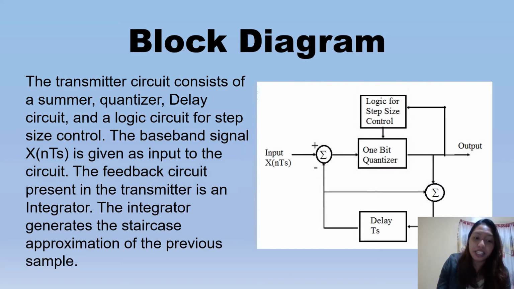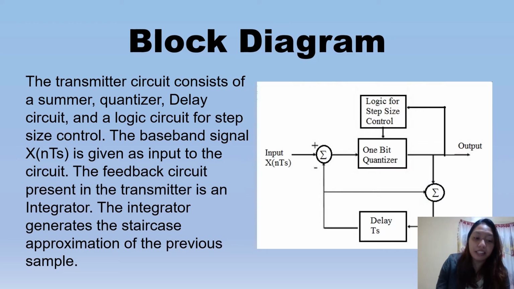At the summer circuit, the difference between the present sample and the staircase approximation of the previous sample is calculated. This error signal is passed through the quantizer, where a quantized value is generated. The step size control block controls the step size of the next approximation based on whether the quantized value is high or low. The quantized signal is given as output.